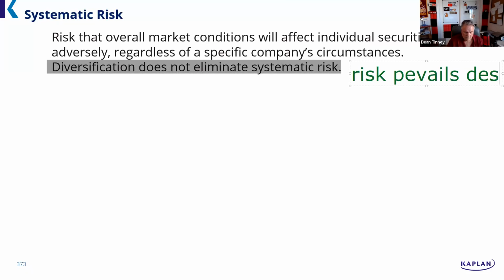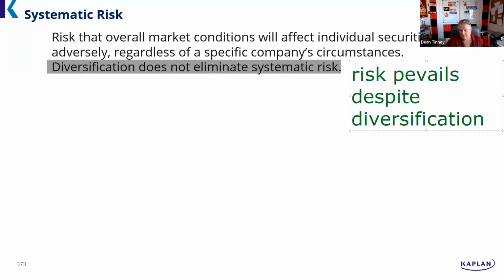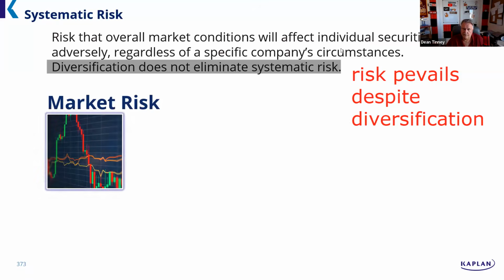In other words, diversification will not take care of this risk. And you would say systematic risk. And the easiest way to avoid selection risk is in a mutual fund, and that's testable. And then they typically say, what is a risk that you would still have in a mutual fund? And you would say, the risk that still prevails is systematic risk in that mutual fund.